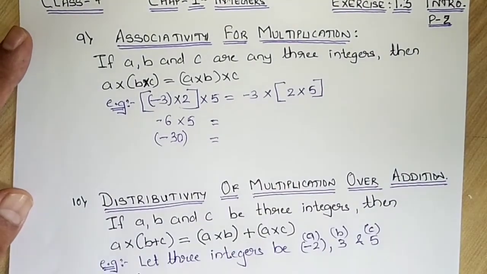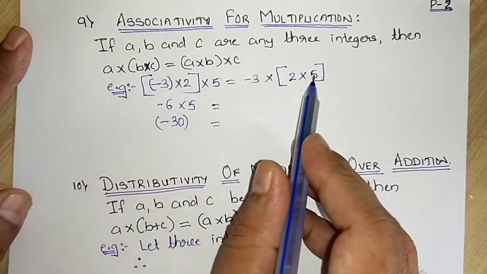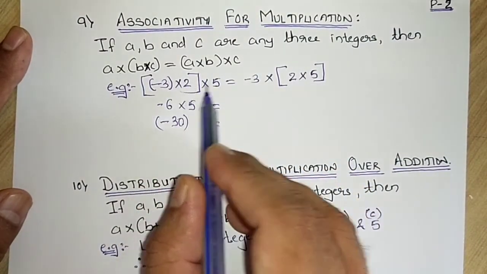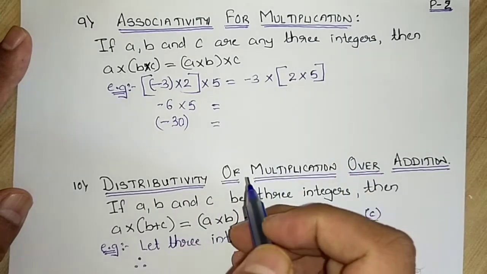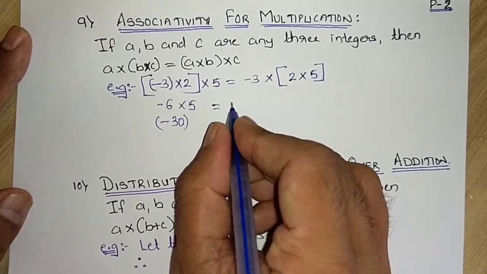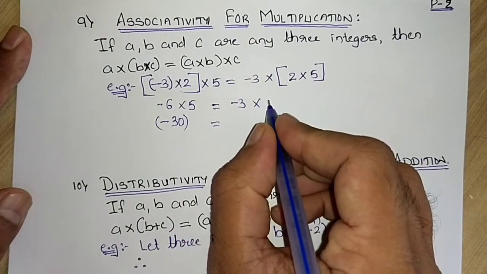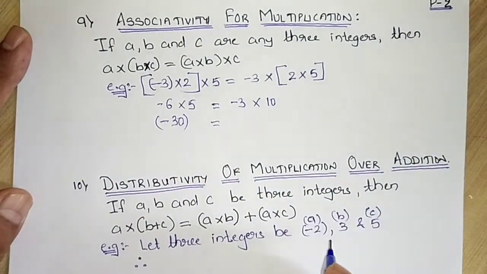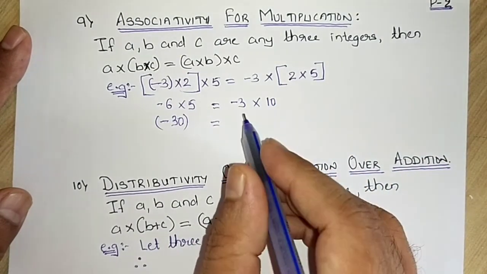Now let us see RHS. In RHS we will group second and third, instead of first and second, and then the resulting answer we will multiply with the first one. -3 into 2 5s are 10. Now the resultant answer we are multiplying with -3.